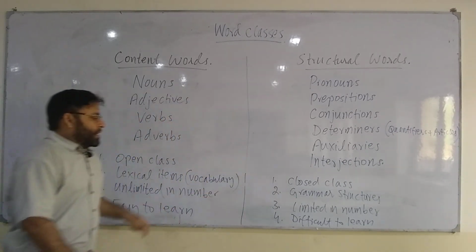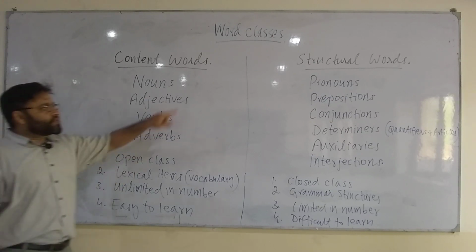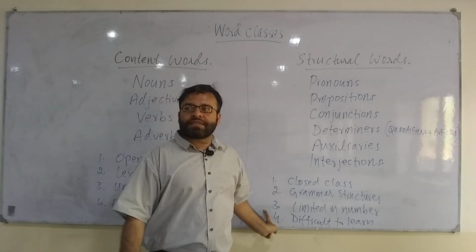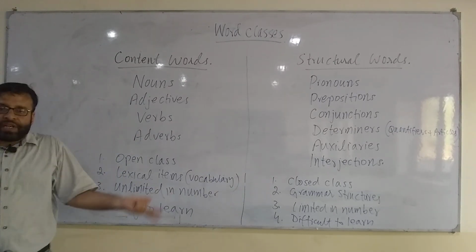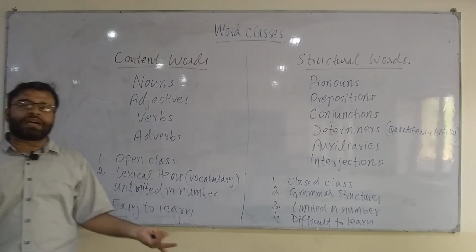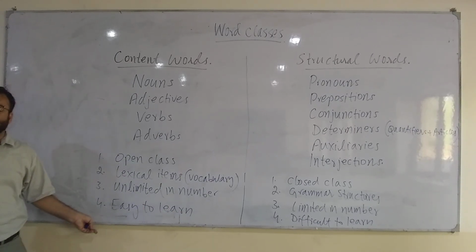The fourth point is they are unlimited in number. Content words are unlimited in number, whereas structural words are limited in number. There are too many, and every day sees new words. You don't know how many lexical items there actually are. We cannot count them exactly.